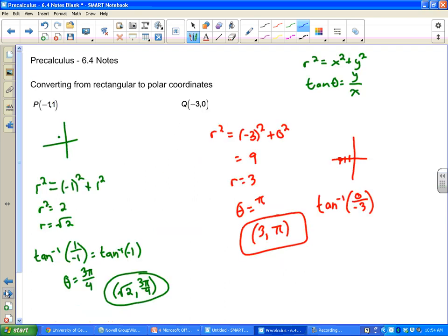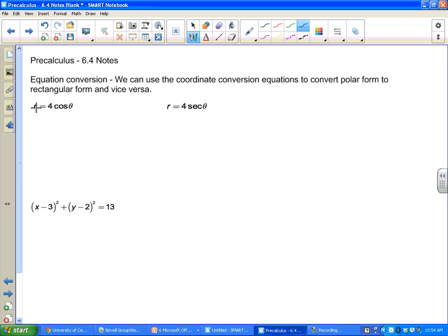And so if we have cosines here, and we're trying to get to rectangular coordinates, it'd be really great if we had things like r squared, because then we could replace it with x squared plus y squared. It'd be really great if we had r cosine theta, because that equals x. And it'd be really great if we had r sine theta, which is y.